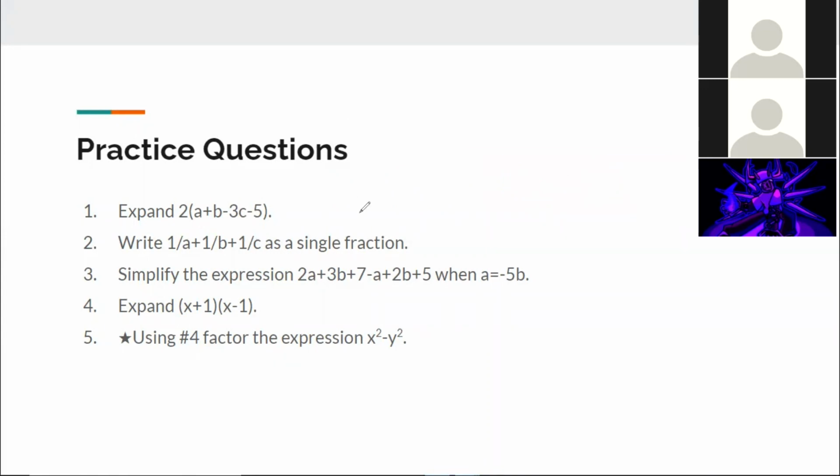Okay, so for the second one, this is just like adding fractions, but they're just variables. So you look for the LCM of the 3 denominators. So what's the number that you can get from each of the 3 numbers? That's the LCM of the 3 numbers. In this case, it's going to be ABC. So the denominator is ABC.